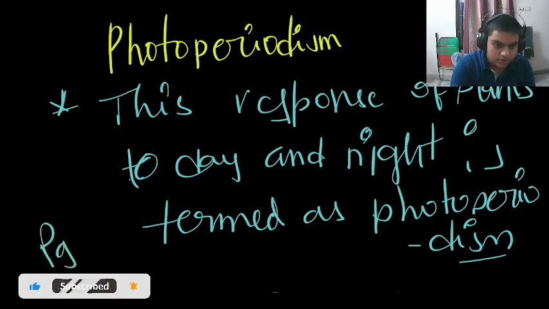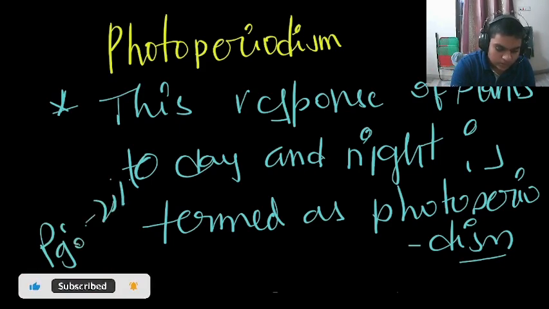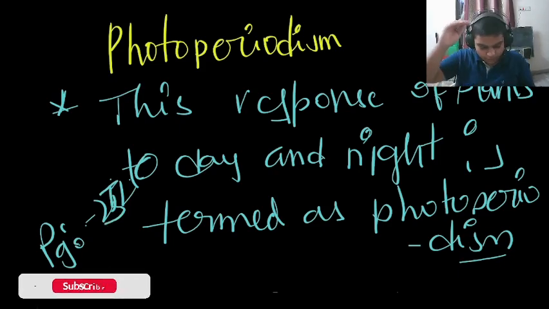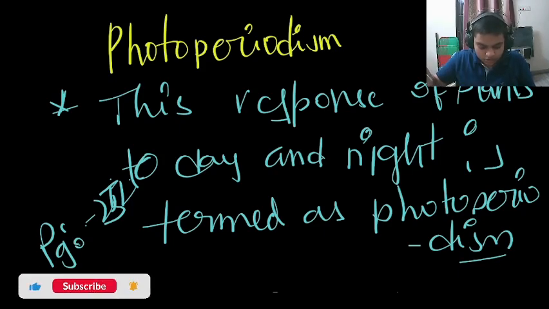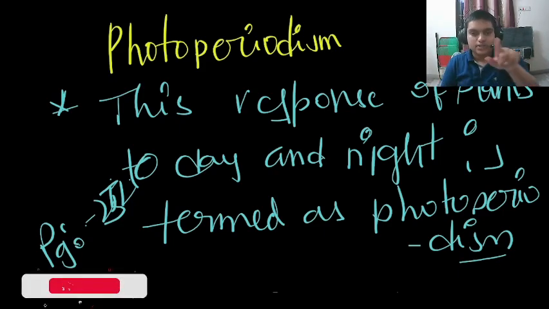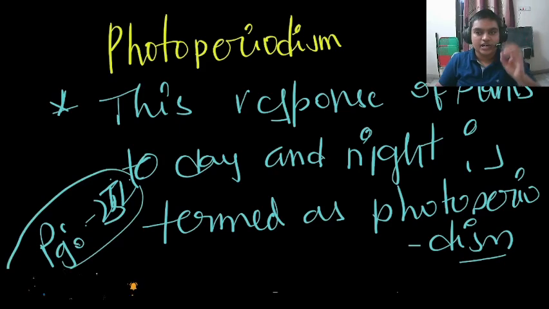On page 252, from the top of the page, go to the fourth line. After the full stop, this line is written: this response of plants. That line I have just written here. Open your NCERT and underline that point.